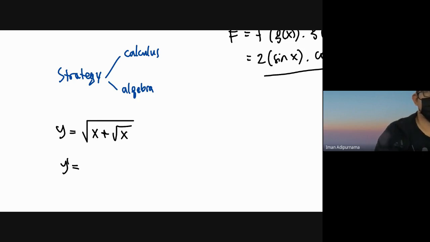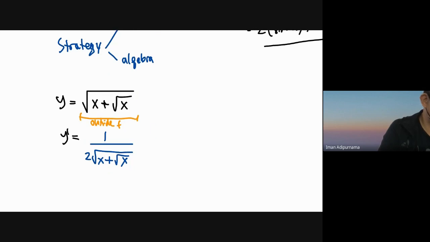Okay, I think this is not difficult. You can start with the outside function, and that is just 1 over 2 times the square root of x plus square root of x, and then let me write maybe all the steps here. The inside function is this.